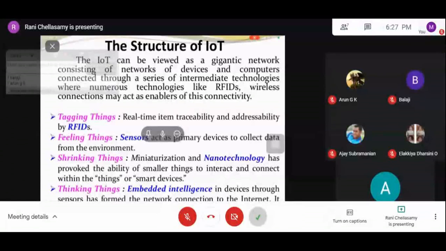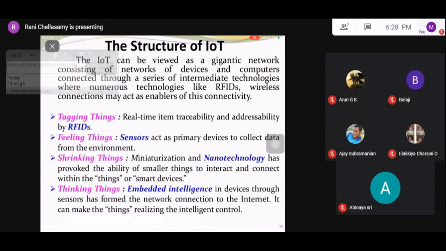The devices are connected in the network, and computers are also connected through a series of intermediate technologies, where numerous technologies like RFID are used as new technologies to collect information via the network.